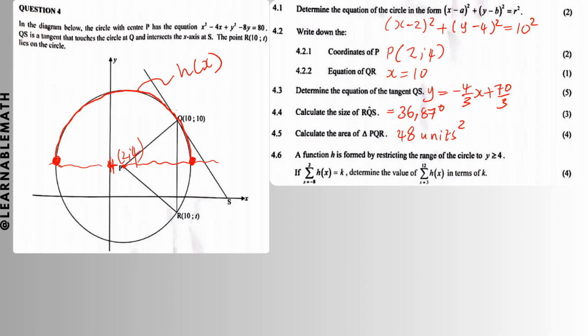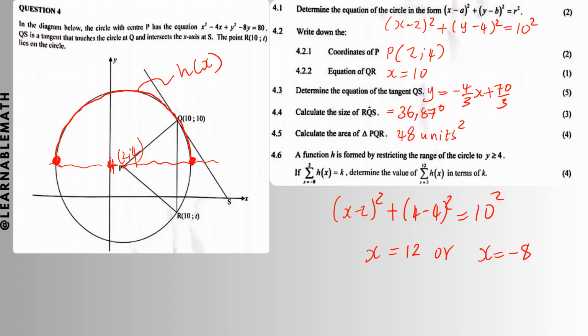If I go to the equation and substitute y equals 4, I'll have (x minus 2) squared plus (4 minus 4) squared equals 10 squared. It will take time to solve for x here, so I'm just going to give you the values of x you get after substituting y equals 4, so that you know the domain of this function is restricted. x is equal to 12, or x is equal to negative 8.